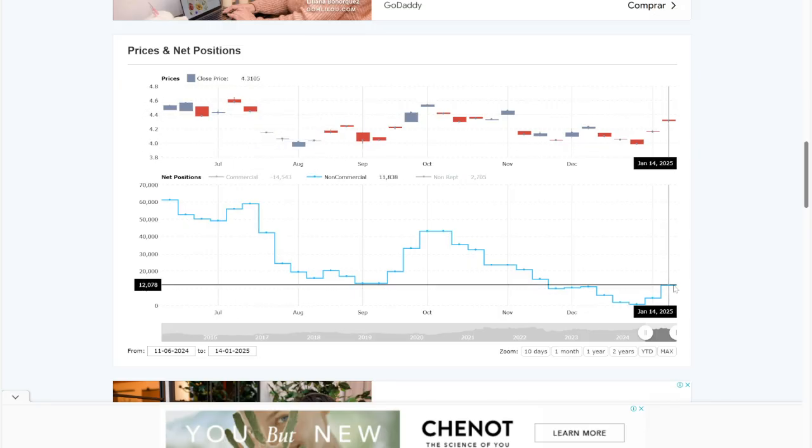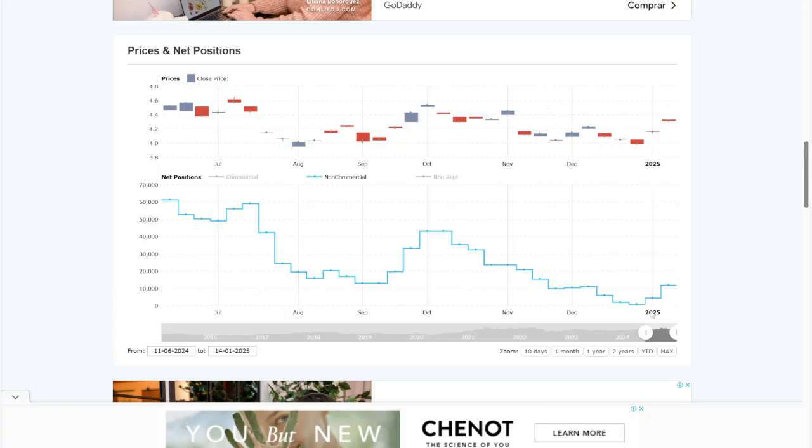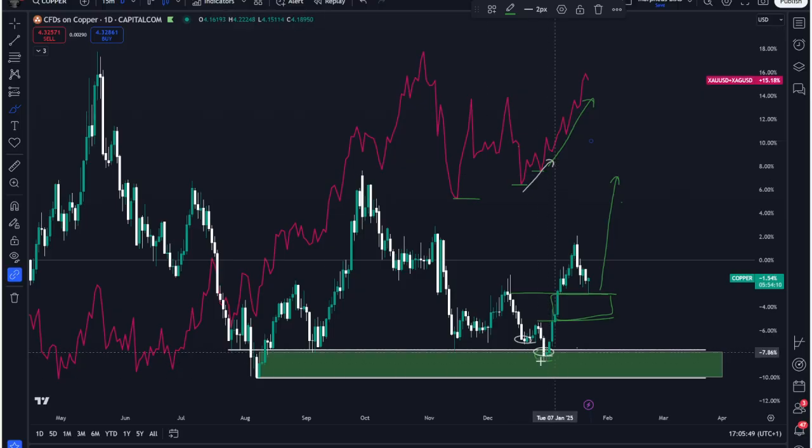At this moment, the price is having a deep correlation with asset managers and leveraged money, that of course are non-commercials. So this level was confirmed by the institutions to go higher. Is it getting clear what we are getting out of this?